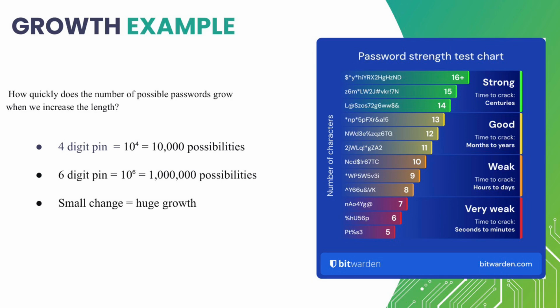By adding just 2 more digits, the number of possibilities becomes 100 times larger. This happens because each additional digit multiplies the total number of combinations. So even a small increase in password length can make a very big difference in security.